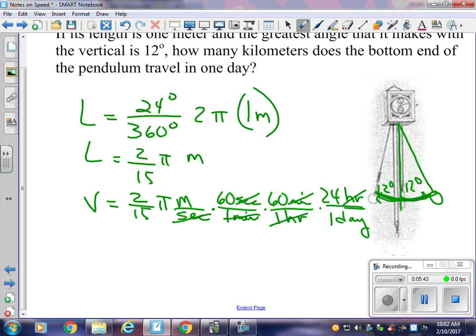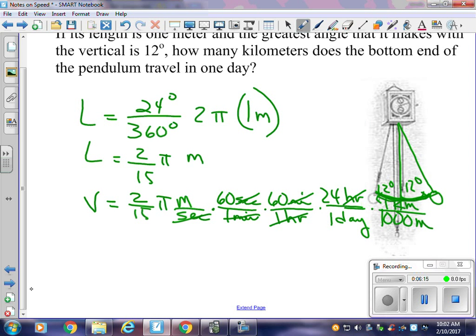How many is it? 1,000. 1,000 meters is in a kilometer, because on this side of meters it's deci, centi, milli, right? And when you go the other way, it's deca, hecto, kilo. Okay. So 1 kilometer is 1,000 meters.